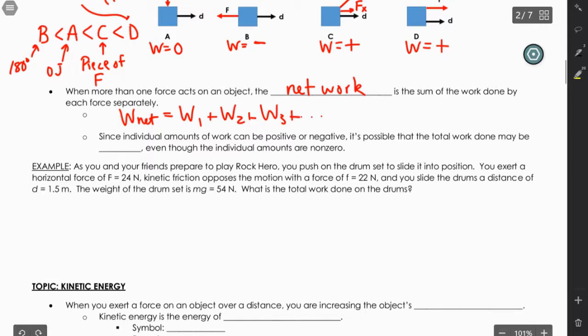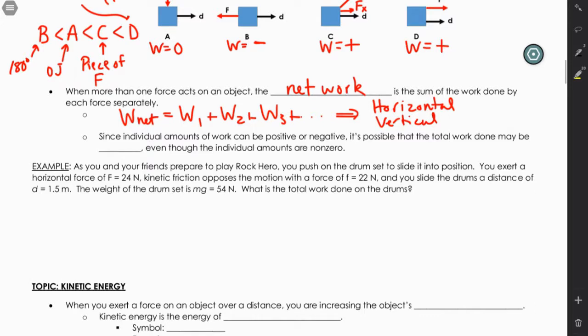And so these forces that are doing the work can be horizontal or vertical. One thing to note is that you take care of the direction by putting in the cosine. So you can just simply add it all up.